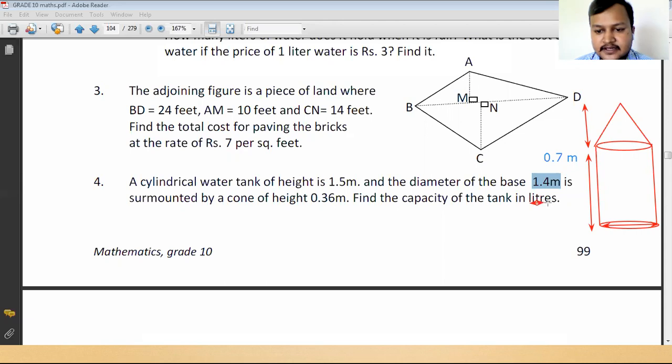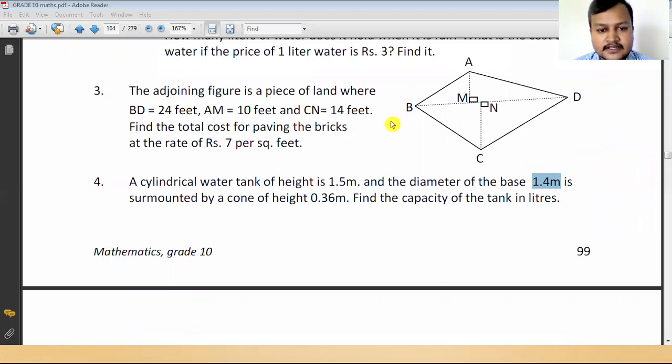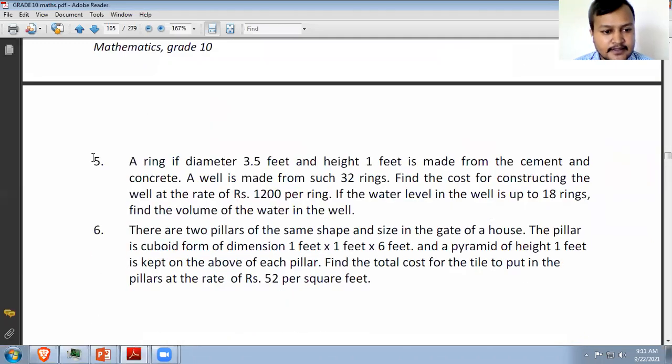Here it is said to calculate in liters, so we have to multiply meter cube by 1000, and it gets converted into liters. If the height of the cone is given, its volume is 1/3 pi r square h1, and if the height of the cylinder is also given, its volume is pi r square h2, if we denote the heights by h1 and h2. Add both to get the total volume and multiply that by 1000 to get the capacity in liters.